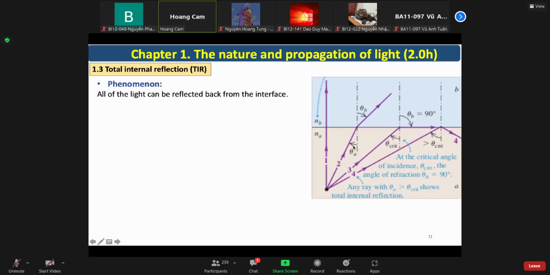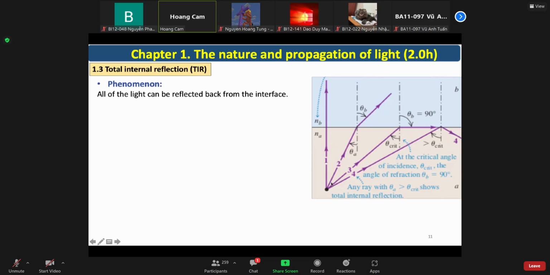In this figure, we also ignore some reflected rays. We don't draw them, only for the last incident ray here we draw the reflected ray. They occur, but we ignore them and do not draw them.